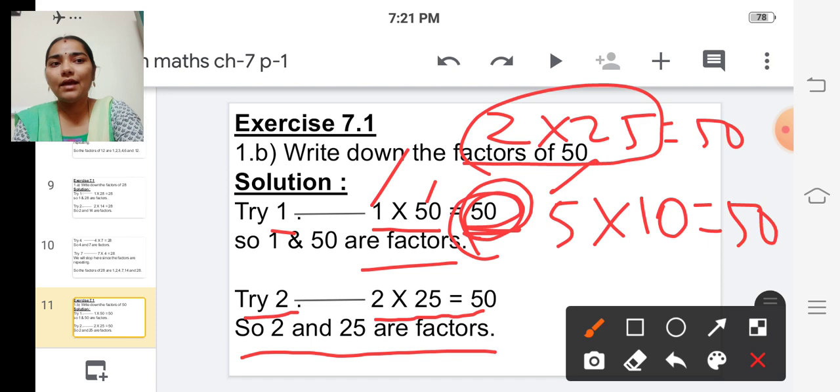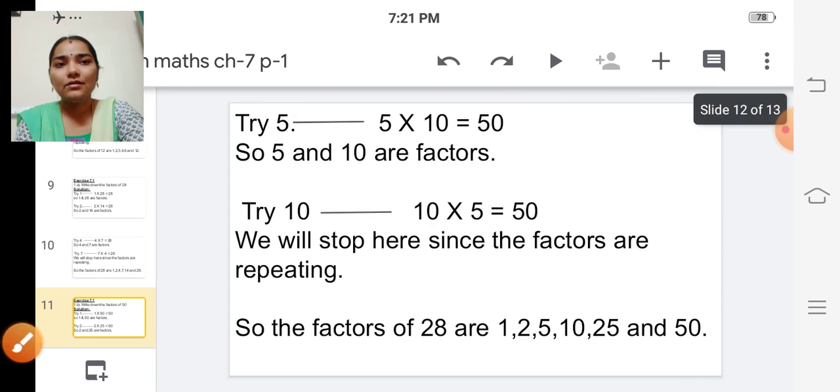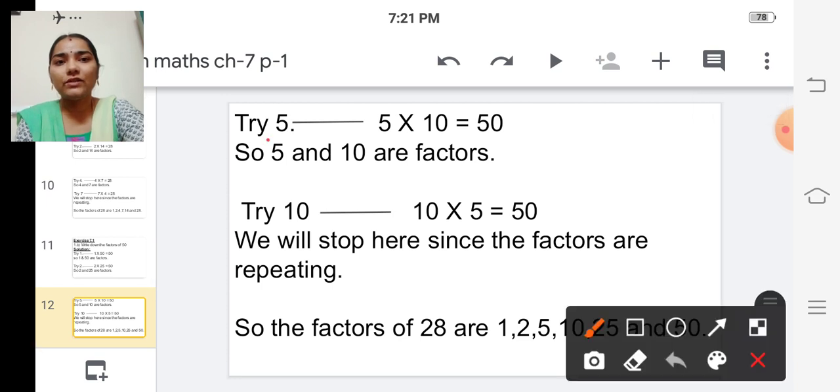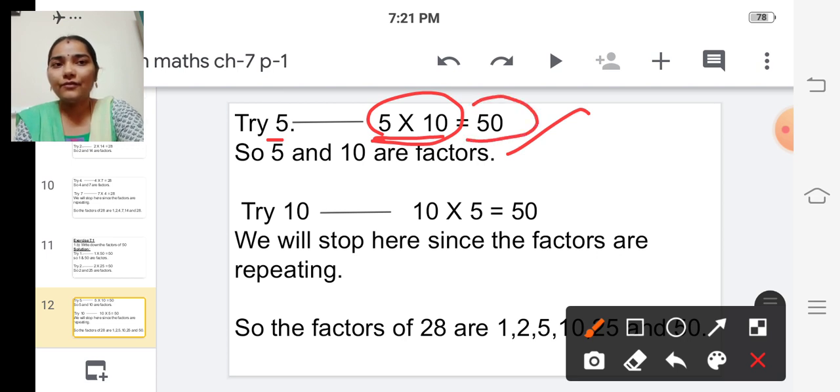So 5 and 10 are the factors. And in the 6th, 7th, 8th and 9th tables, 50 will not come.